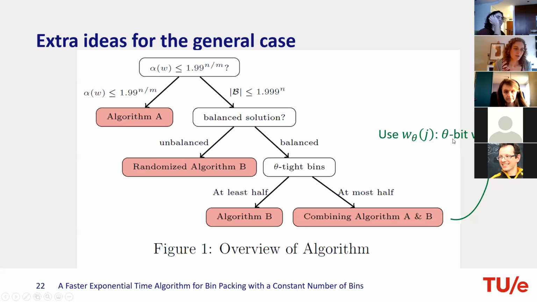But this weight function is just going to prune all the weights to just the first theta bits. By doing that, we can make sure that the number of different weights, so the alpha of W_theta, is going to be small again, which allows us then to use the dynamic program in kind of a new way.